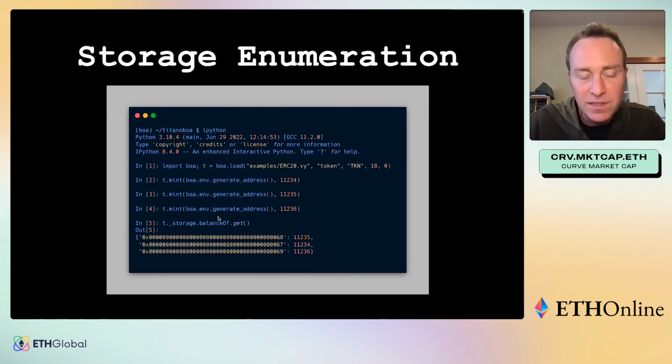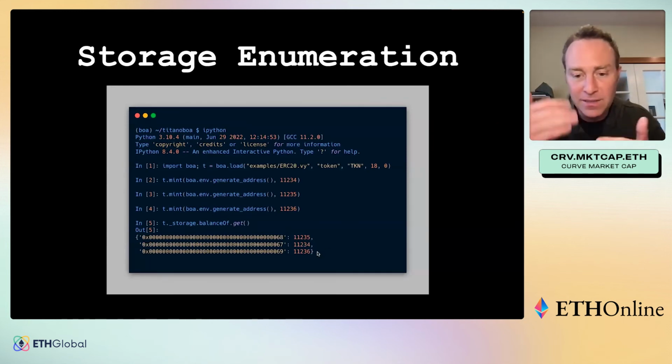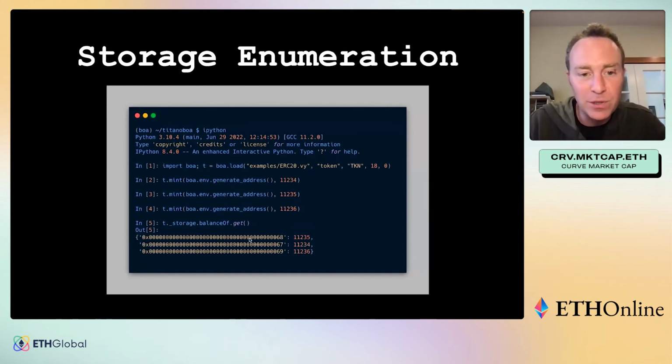Mappings are not generally readable as key-value pairs. If you have a mapping, you can't easily enumerate it within the smart contract, but using Titanoboa you can just rip through all the storage enumerations. You can trace and enumerate the storage with this syntax here. In this case, we're loading a contract, minting 3 times, and then checking the 3 balances and looping through them.